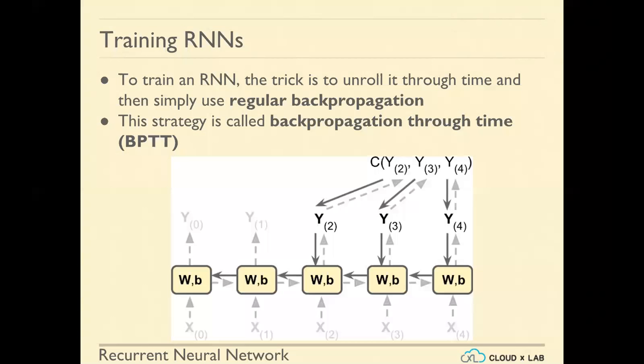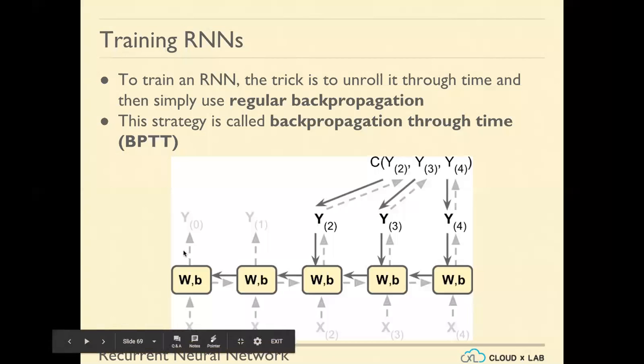Now, for training RNNs, the trick is to unroll it through time and then simply use regular backpropagation. This strategy is called backpropagation through time. We call it BPTT. Essentially, the RNN is nothing but this kind of network. At the first step, we fed X0, we got Y0. Then in the next step, we fed X1, we got Y1, along with the previous step's output, right?